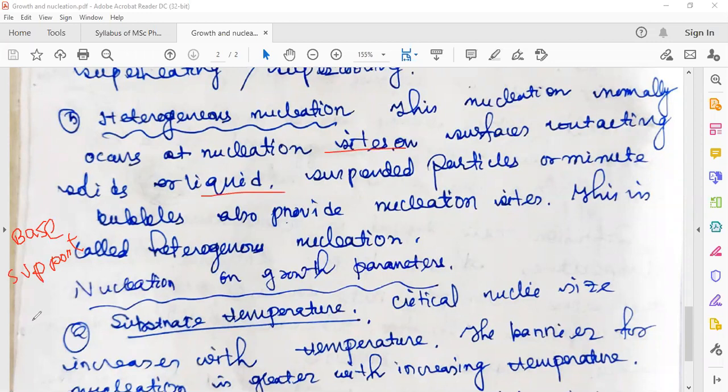Like the suspended particles in the atmosphere. You know there are many dust particles in the atmosphere, and they can act as nucleation sites. Site means the place where nucleation can happen.